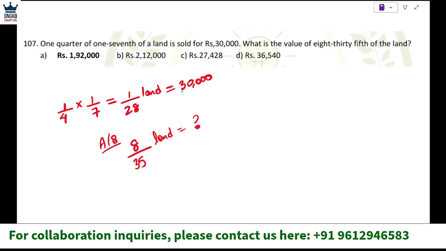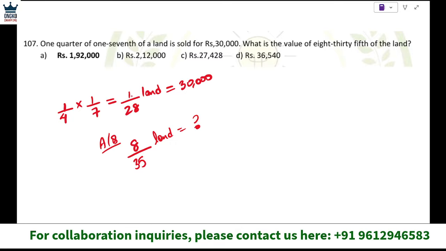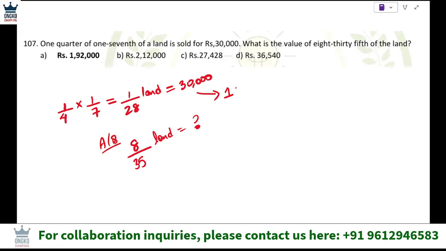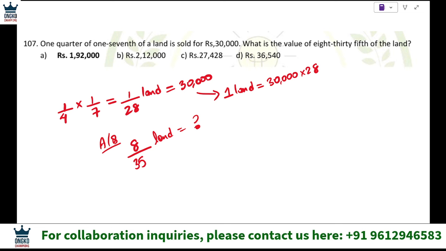Yes. So from here, how much is one part of the land? One part of the land will be 30,000 into 28. So let's not simplify this one, right? Let's keep it that way.